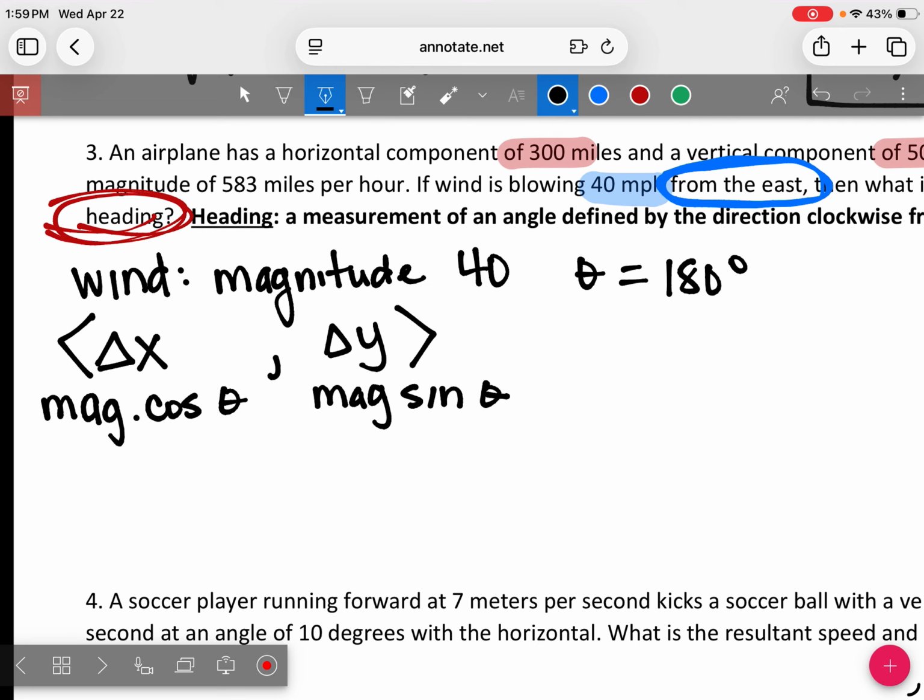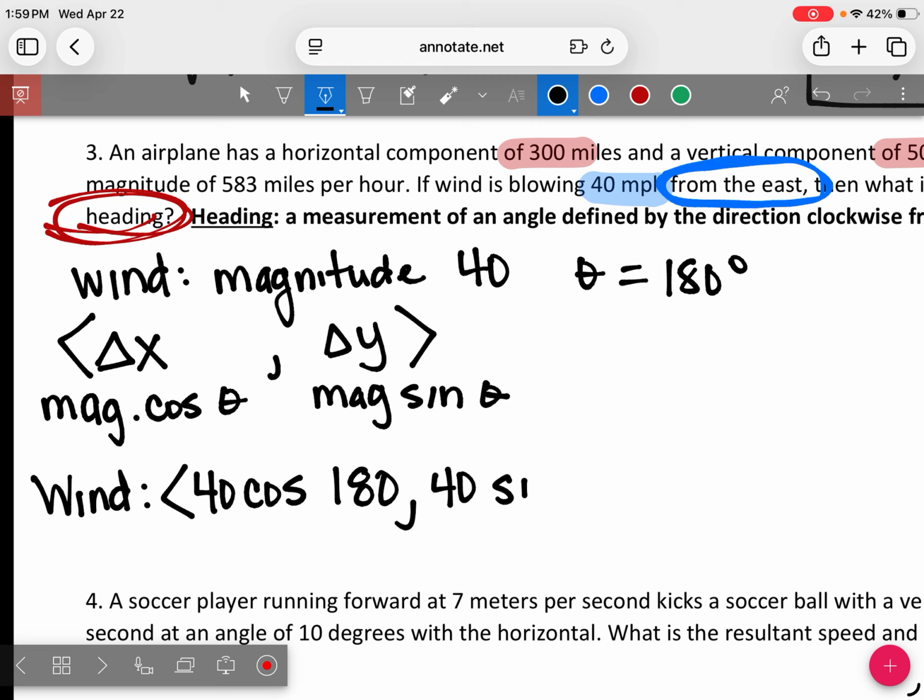So let's go ahead and write our vector for the wind. So we got our wind. So that's going to be 40 cosine 180 and 40 sine 180.